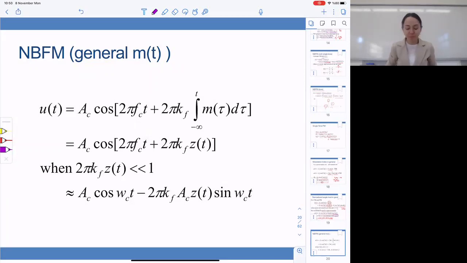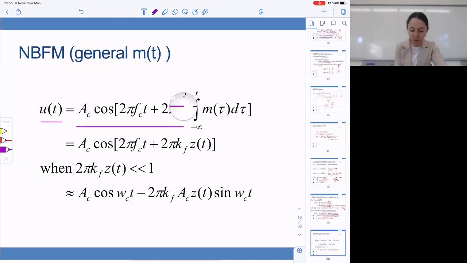No? Okay, so u(t) is A_c cosine(2 pi f_c t plus 2 pi k_f times the integral of the message), right? Now let's let z(t) be the integral of the message.